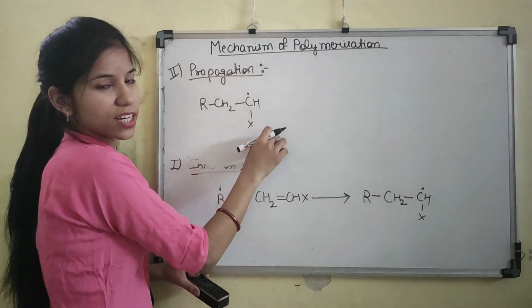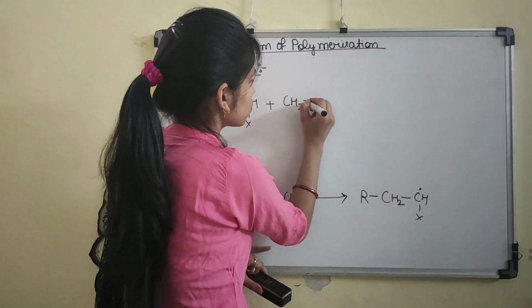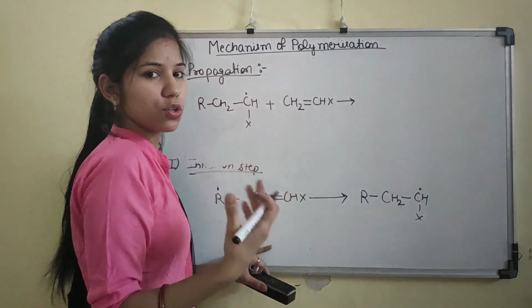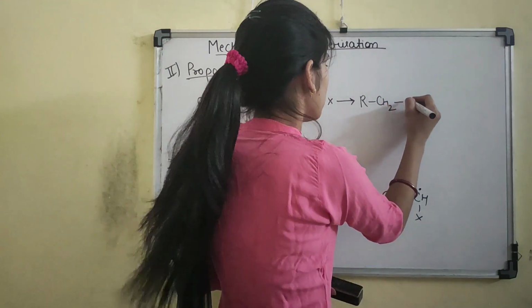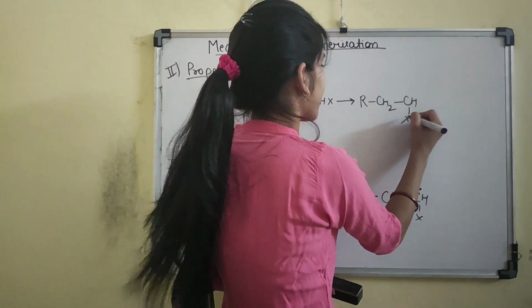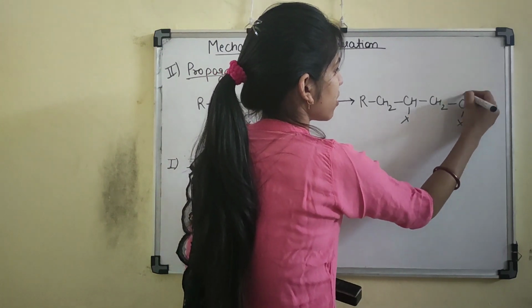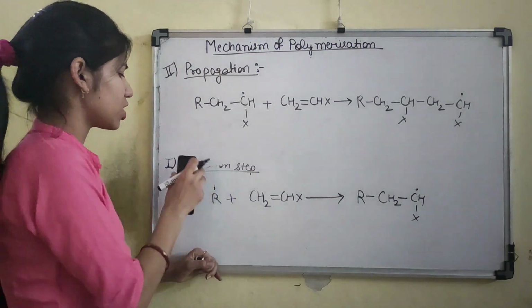This is a free radical, and it reacts with a fresh monomer, that is CH2 double bond CHX, and they form a new free radical. So this is R CH2 CHX CH2 CHX free radical.